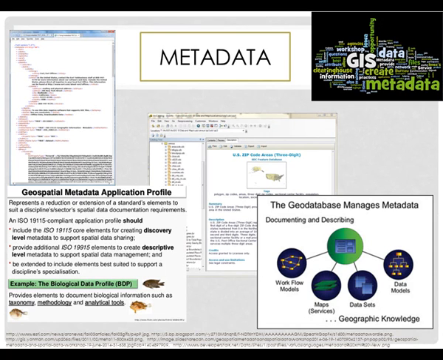So metadata typically are associated with your layers that you would find, the feature classes, that is, in the geodatabase. You can see metadata by clicking on description, as shown in the center here in the clip of an ArcCatalog view of some data.